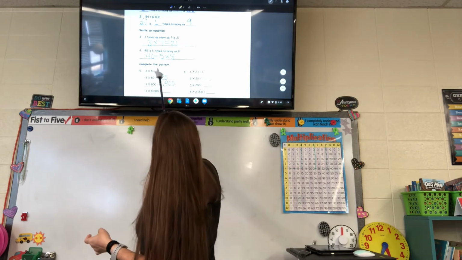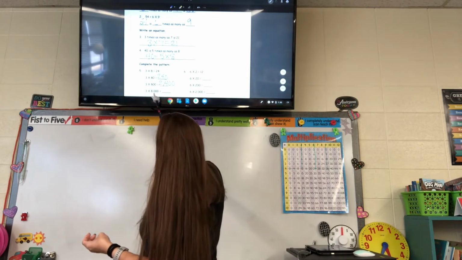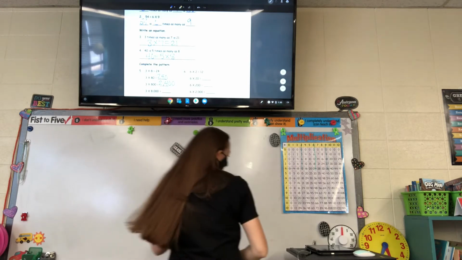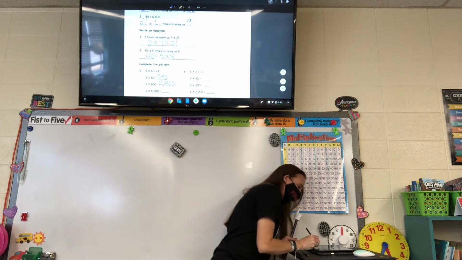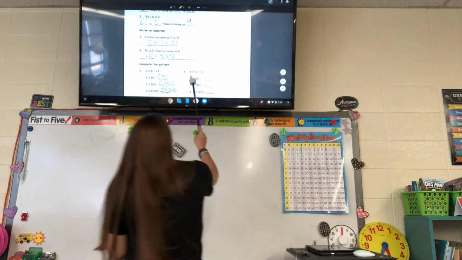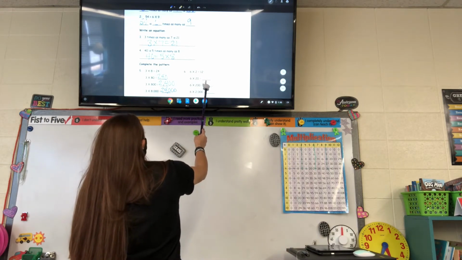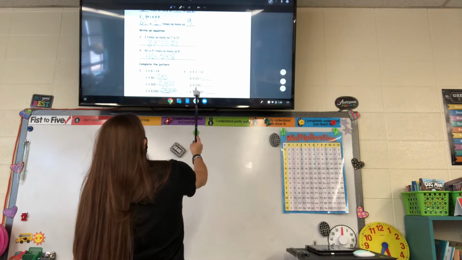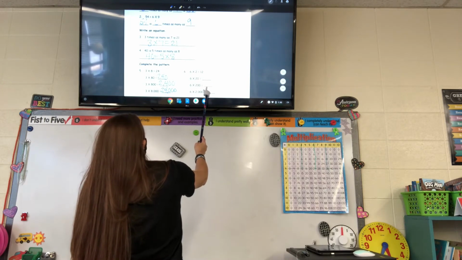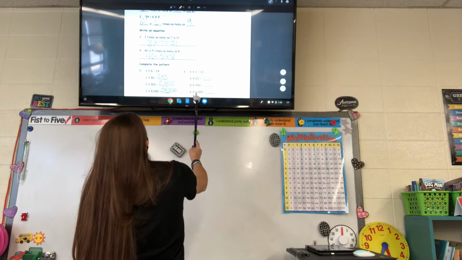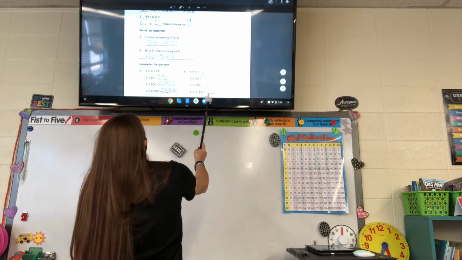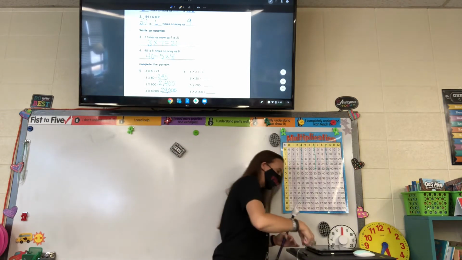If 3 times 8 is 24, 3 times 8,000 equals 24,000, or 24 with 1, 2, 3 zeros after it. Okay, now we do 6 times 2 is 12, 6 times 20 is 120, 6 times 200 is 1,200, and 6 times 2,000? 12,000. Okay, good. All right, so we'll fill those in.